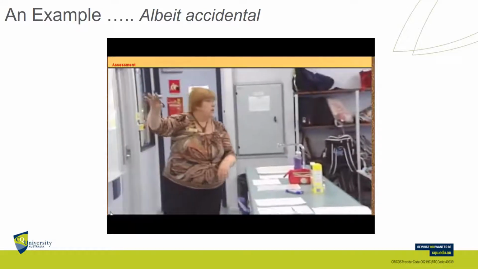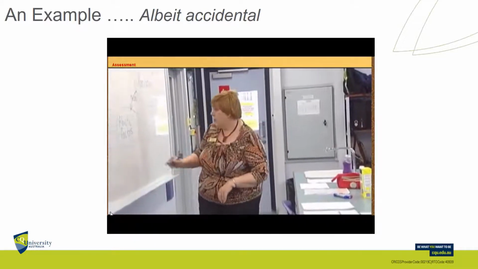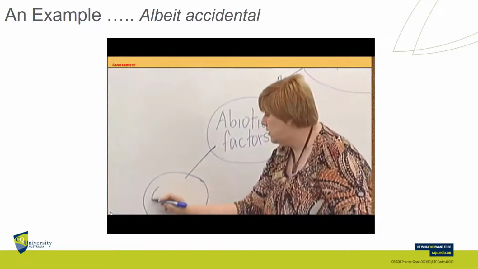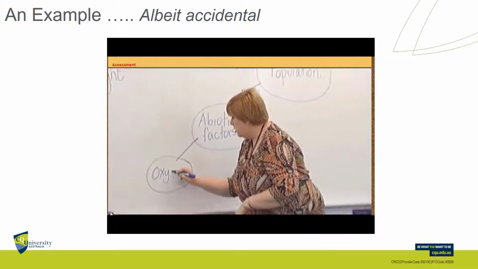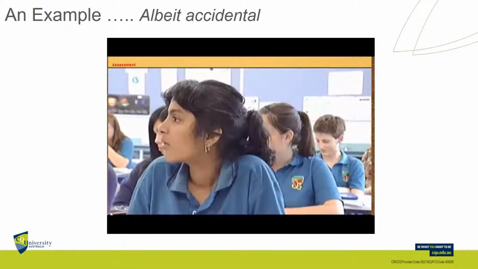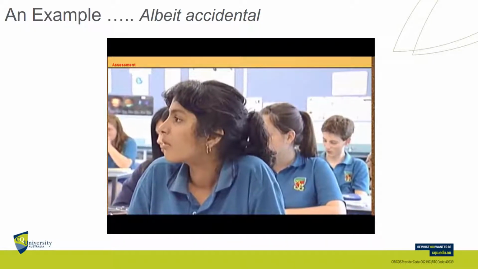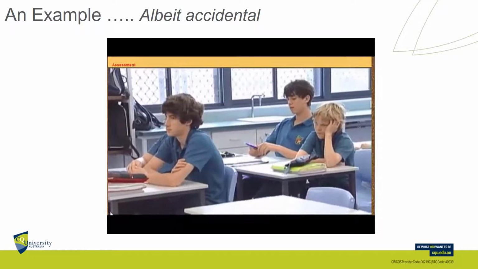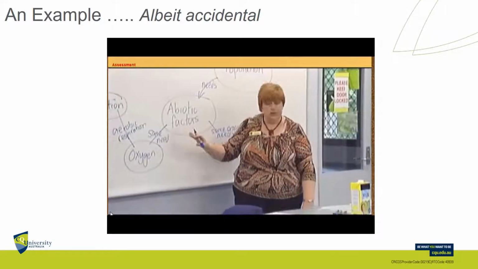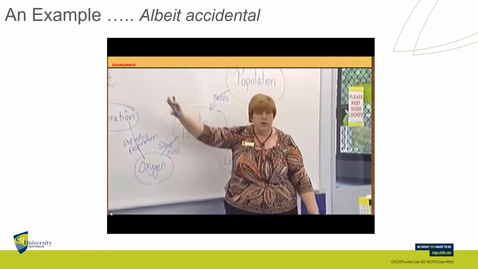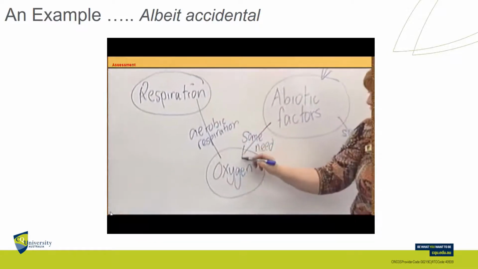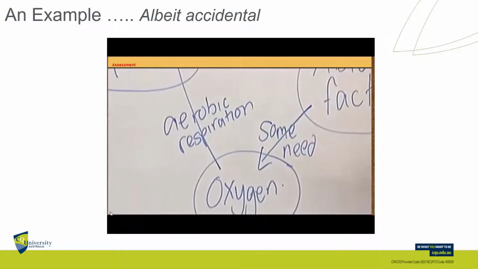We've named some abiotic factors there, so for example, oxygen might be an example. So I'm just going to put aerobic respiration here. So I'm making the links between the words, one idea or one concept and another. I'm putting a line, and on that line or on that arrow I'm putting the link. So then I'm building up a concept map.